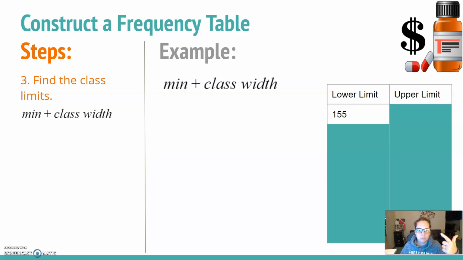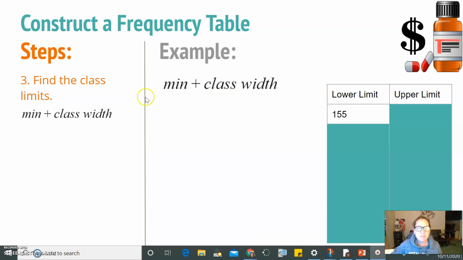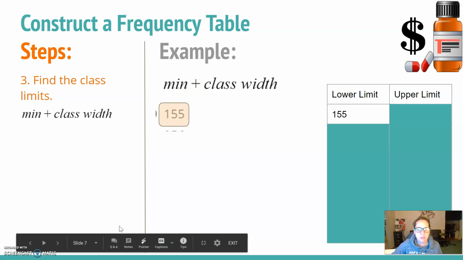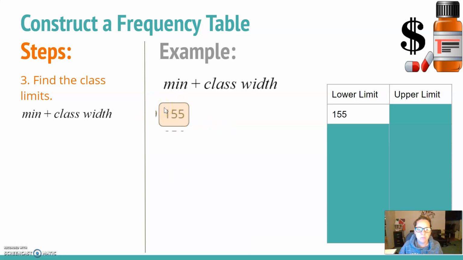So what you do is find the smallest number in our data set and then add to it that class width that we just found. Our smallest number in our data, our minimum, was 155, and our class width that we just found a second ago was 36.